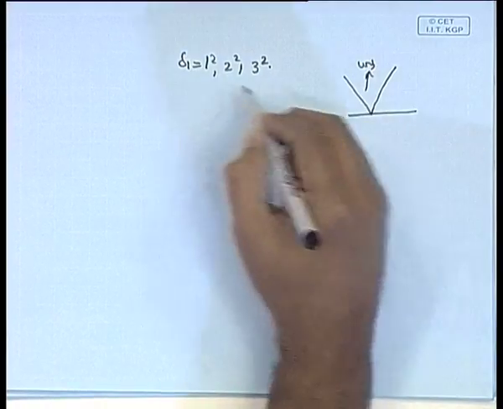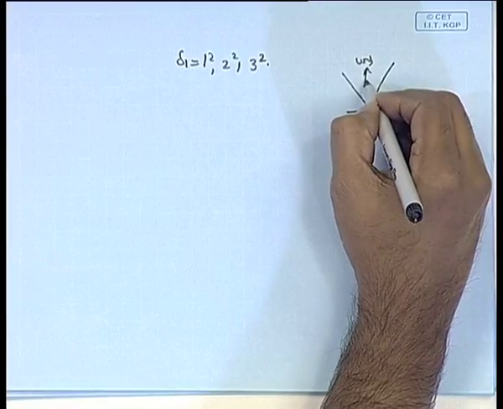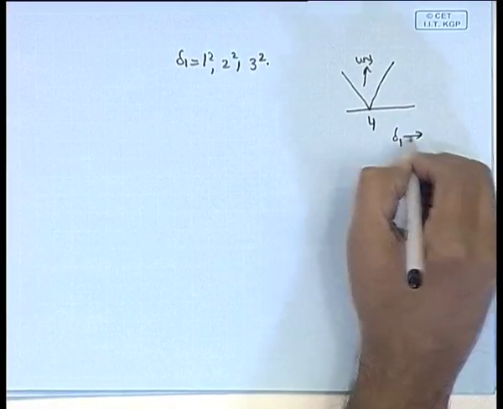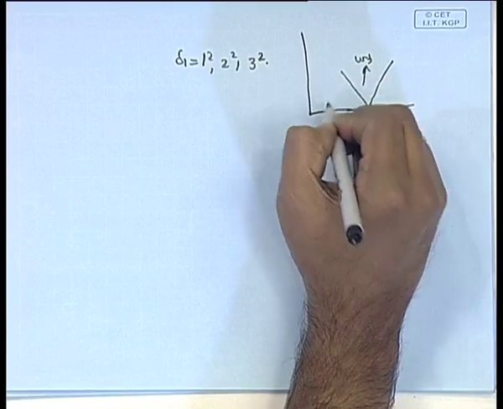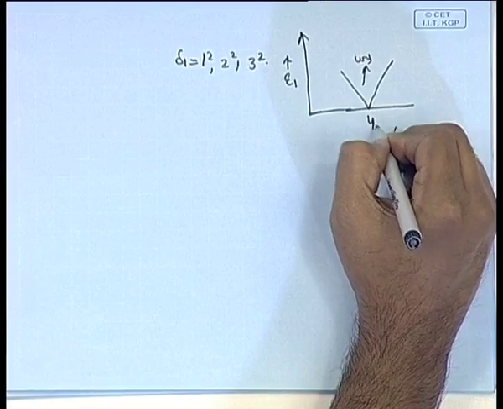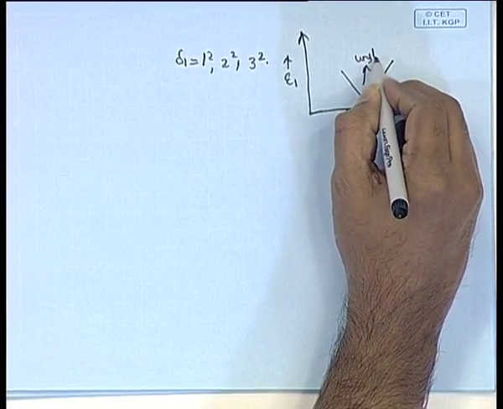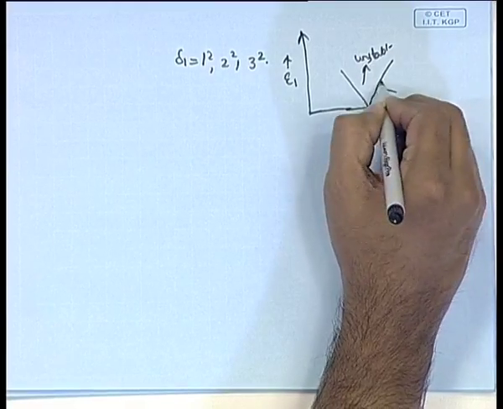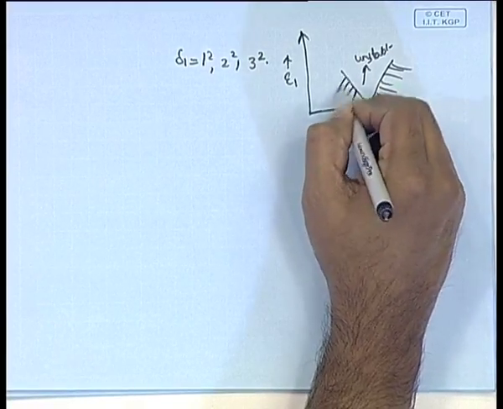I will take for example 2 square, that is 4, in the Strutt's diagram. This is delta 1, and there will be epsilon 1 like this. When delta 1 becomes 4, this is a region of unstable. So, here it will be shaded. Here it is stable, here also it is stable.